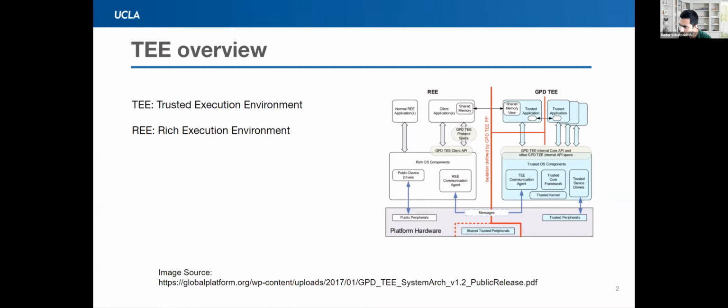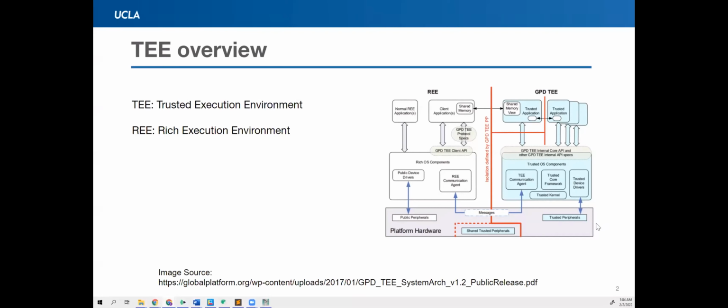Each trusted application has one or several client apps in the REE, which can call the API, execute in the TEE, and return the result. Other components such as the TEE communication agents, TEE internal core API, trusted device drivers, and the shared memory are prepared for the cooperation of the rich execution environment and the trusted execution environment.